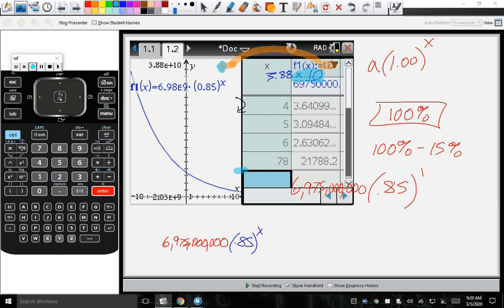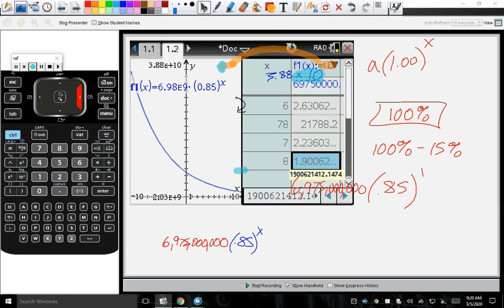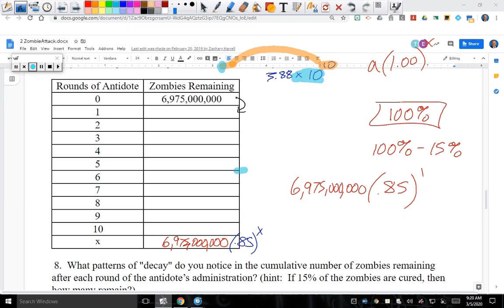And it will show me all the values, that I could then put into the table. Okay, so all those values would end up going into this table right here. A quick way to do it. Another different way. Questions?